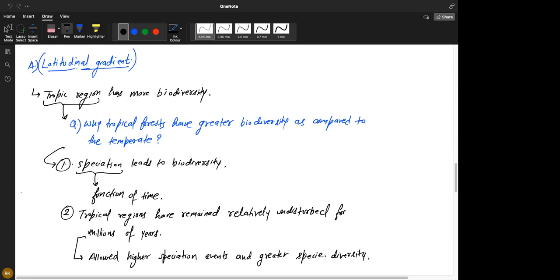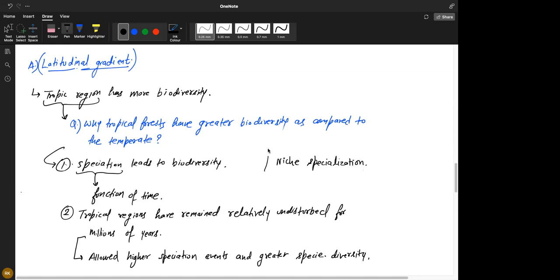Okay, so write down: such environments promote niche specialization. Niche, niche specialization.